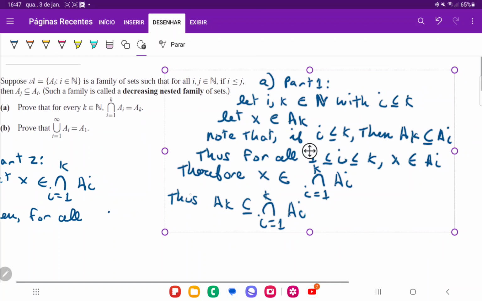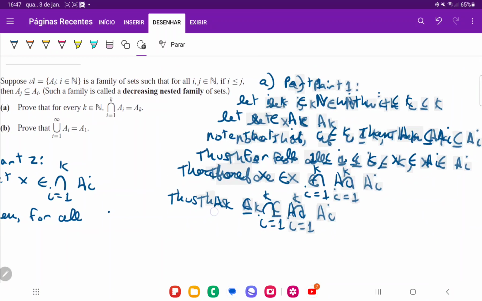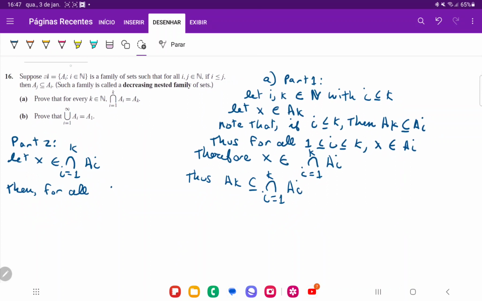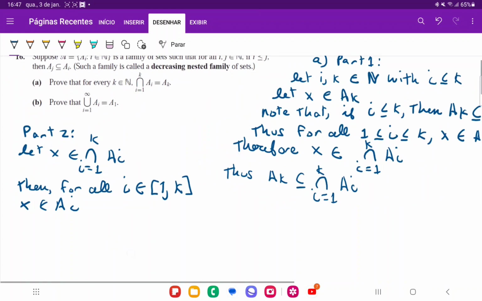Then, because this is the intersection, for all i belonging to the set from 1 to k, it must mean that x belongs to a sub i. If x belongs to the intersection, then for every index belonging to the set from 1 to k, x is going to be in a sub i.